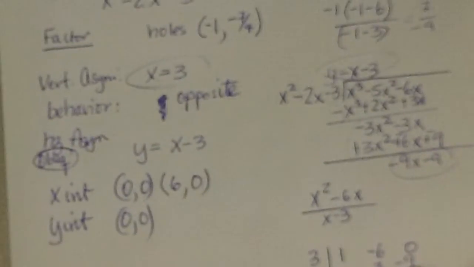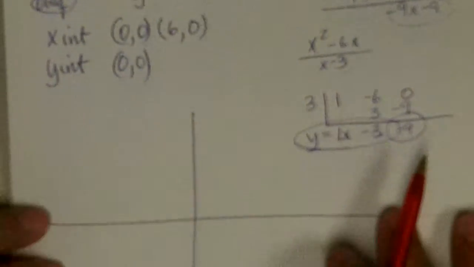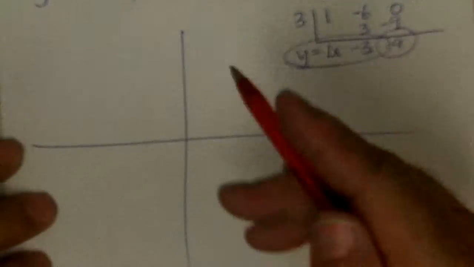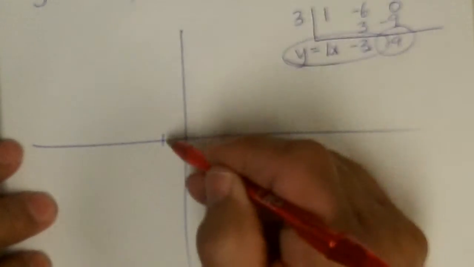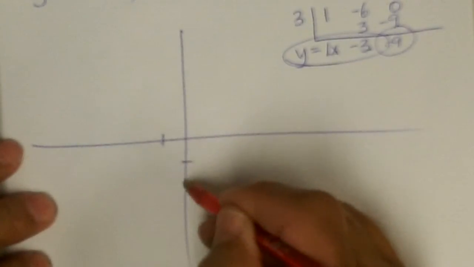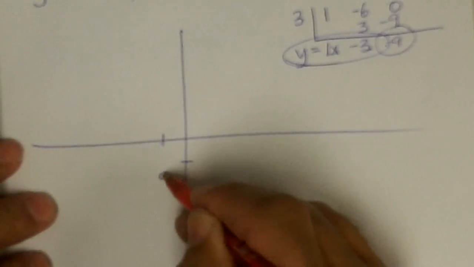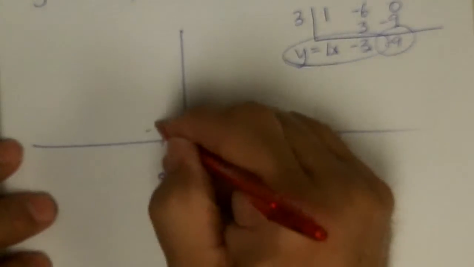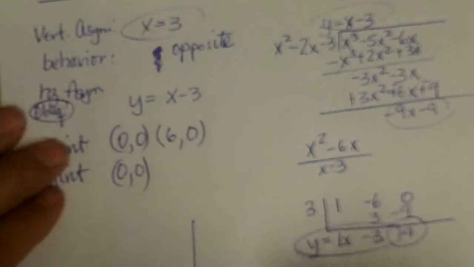It had a hole at negative 1, negative 1 3/4. There's a hole. And there's a vertical asymptote at 3.